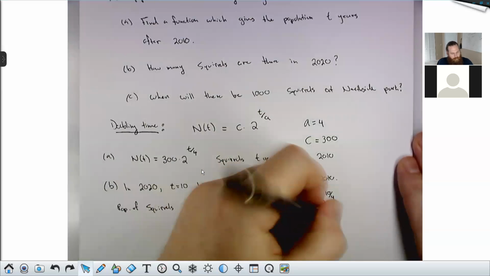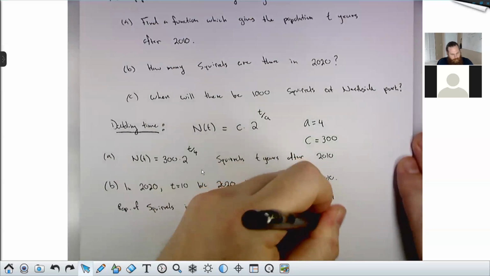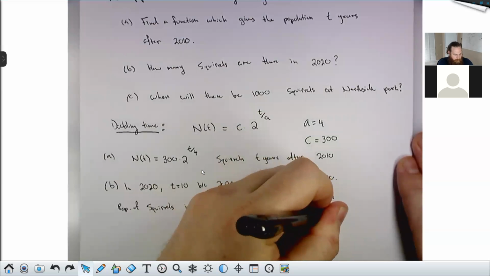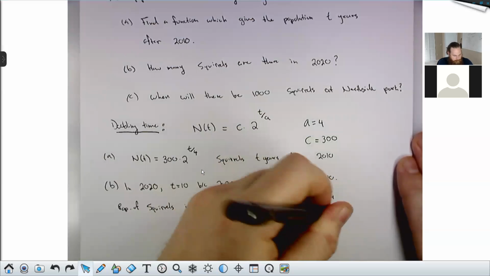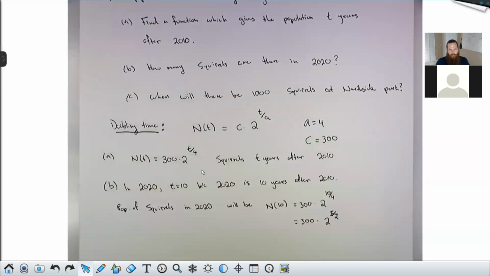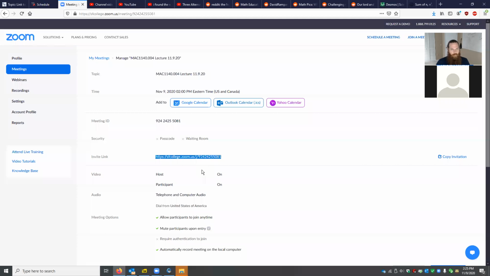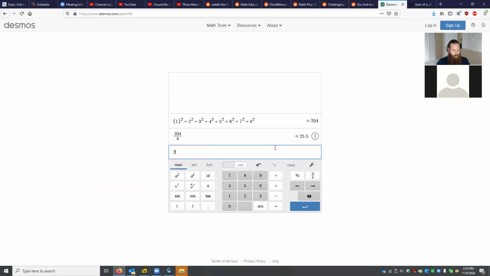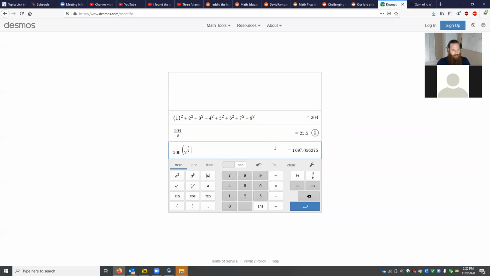We can clean up 10 over 4 a little bit. If you divide top and bottom by 2, that's 5 halves. Then I can use a calculator or Desmos or whatever you would like to evaluate 300 times 2 raised to the 5 halves. And I get that this is about 1,697.